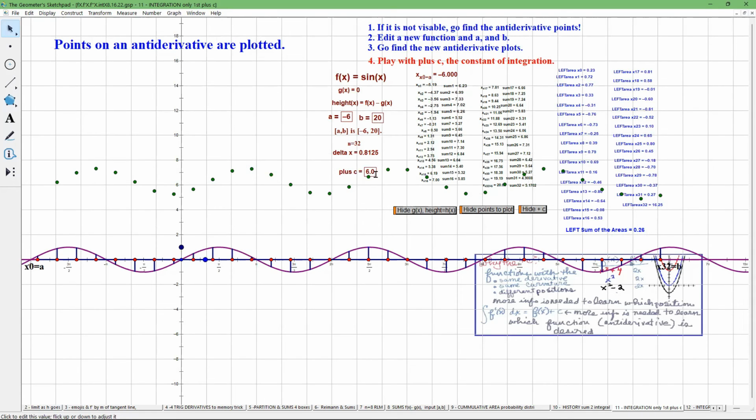Let's change the limit of integration, the constant. That puts it right down where we like it to be. And let's make the limits of integration much closer.